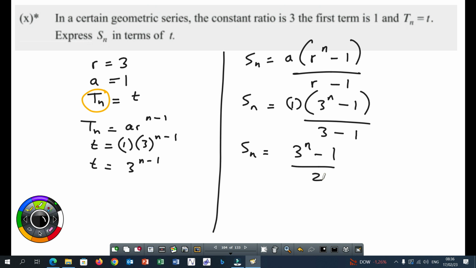What this means, you need to eliminate this 3 to the power of n in that equation. So we can call this one equation 1 and that one equation 2. In equation 2, we don't want to see n. Therefore, we have to make 3 to the power of n the subject here, and then substitute the result there.